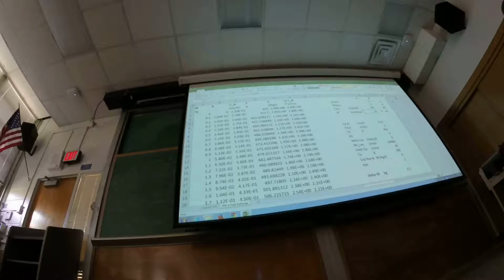CP, and then instead of just putting in the delta H, I cheated and I used the table, but this isn't actually correct. This is just what you needed to put in order to get a delta H equal to what we got, which is negative 20,000. So we're also given the initial concentration, the initial flow rate, and the inlet temperature.